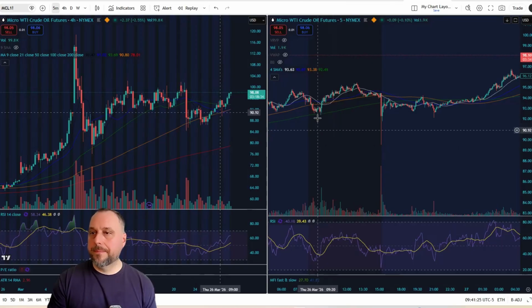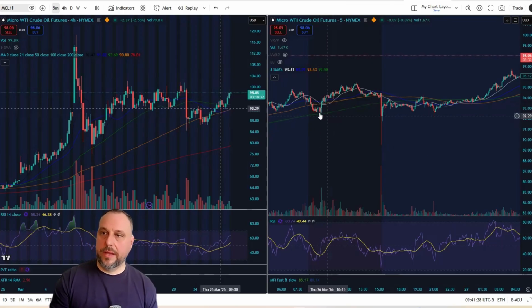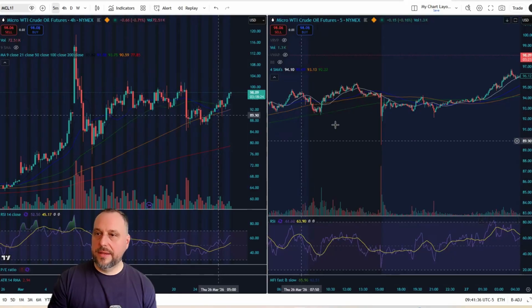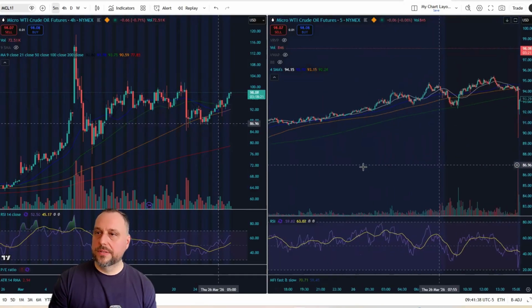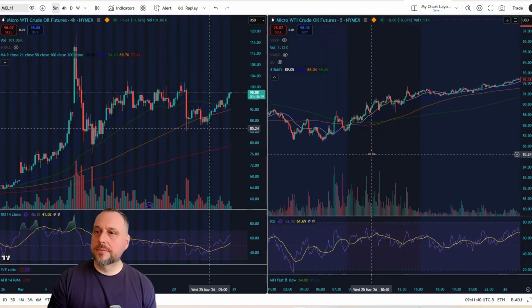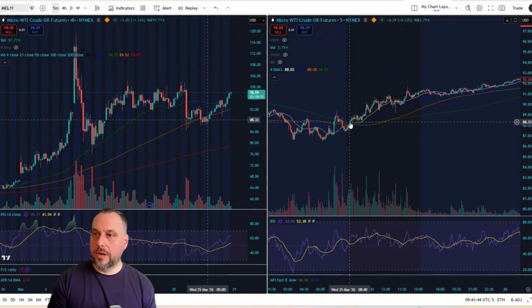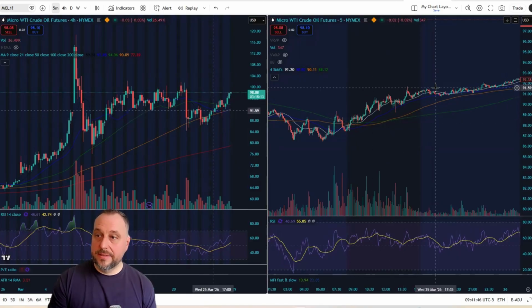I can see here that we held up. So this is an important signal. We held up here, kind of along with RSI there. That's something to note. I can see that when we crossed that green line again, we ran. So that's good.